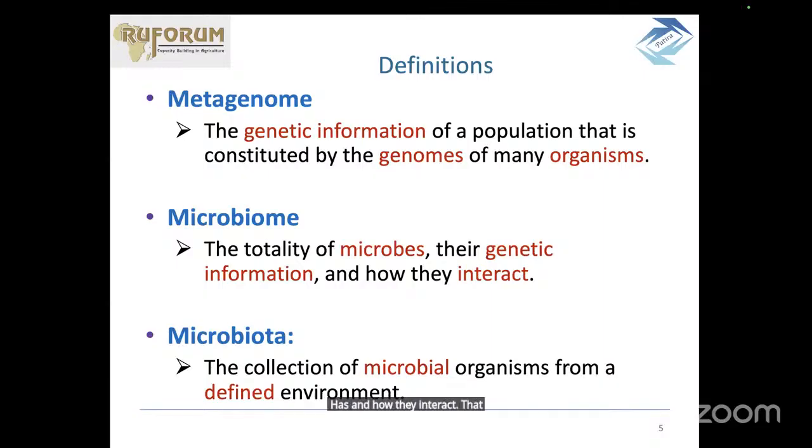And then the microbiota is the collection of microbial organisms from a defined environment. So microbiota can be from forest, can be from the gut, and so forth. Sometimes people use these interchangeably, but they are not the same. So the metagenome is the genetic information of a population that constitutes the genomes of many organisms. The microbiome is the totality of the microbes, their genetic information and how they interact. The microbiota is the collection of all these microorganisms from a defined environment. Okay?